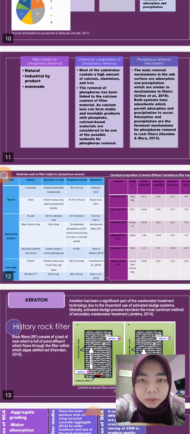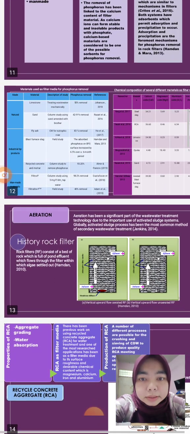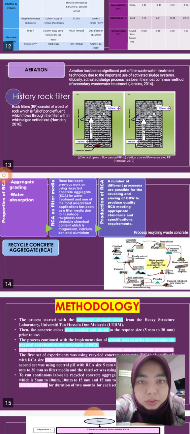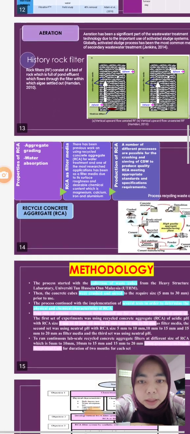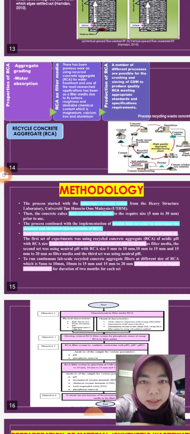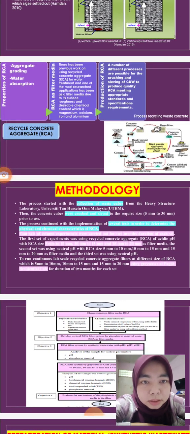For filter media for phosphorus removal, natural, industrial byproduct and man-made. Next, for material used as filter media for phosphorus removal, aeration, history, rock filter, recycled concrete aggregate, properties of RCA as filter media, production of RCA.